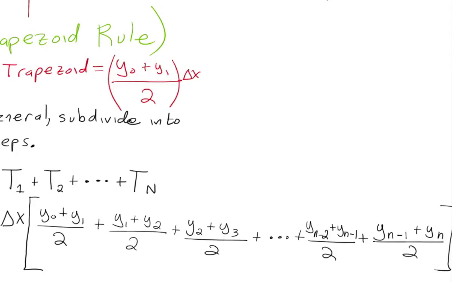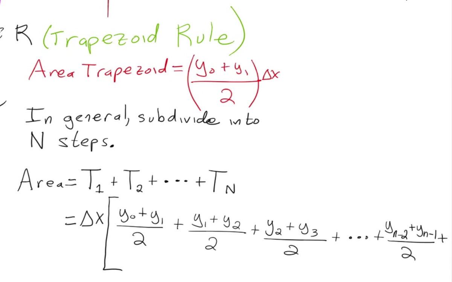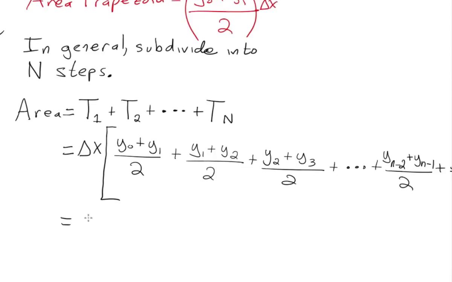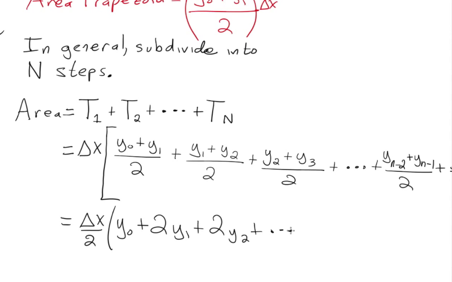So this would look like delta x over 2, times y0 plus 2y1 plus 2y2 plus dot dot dot. How many n minus 1s? 2.